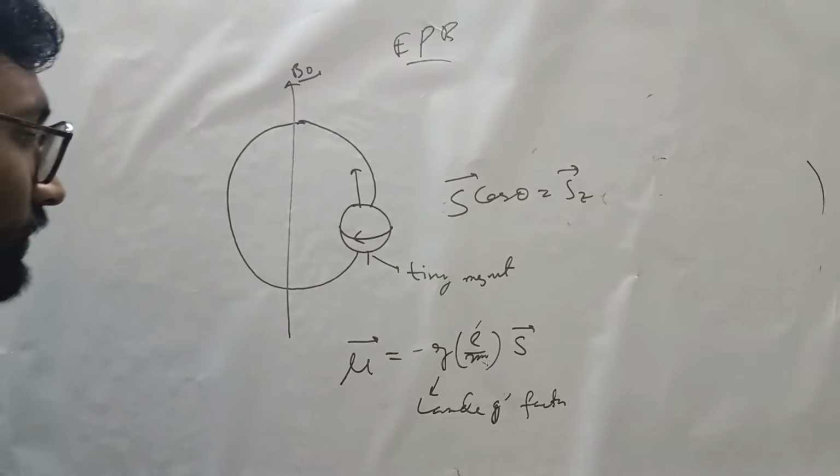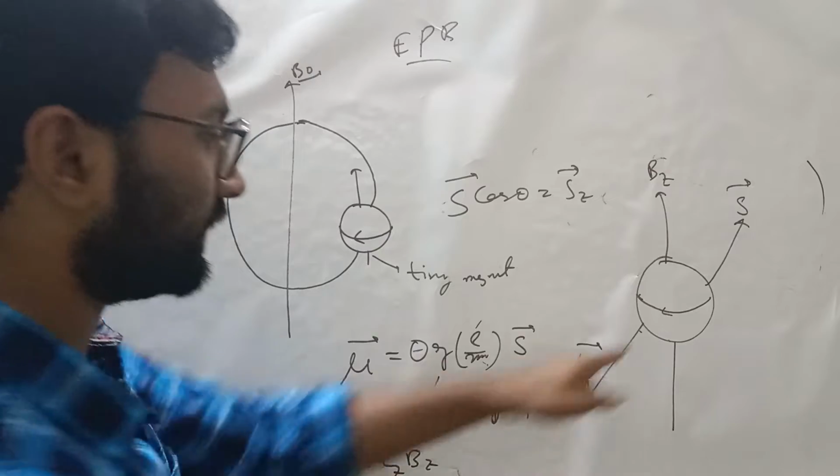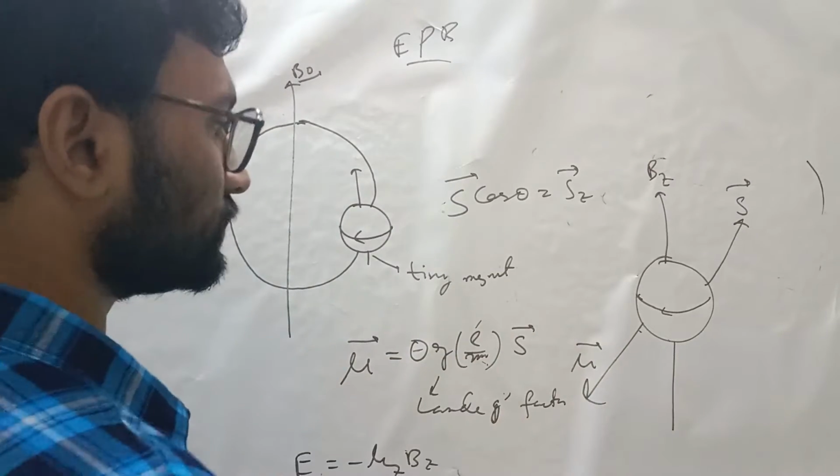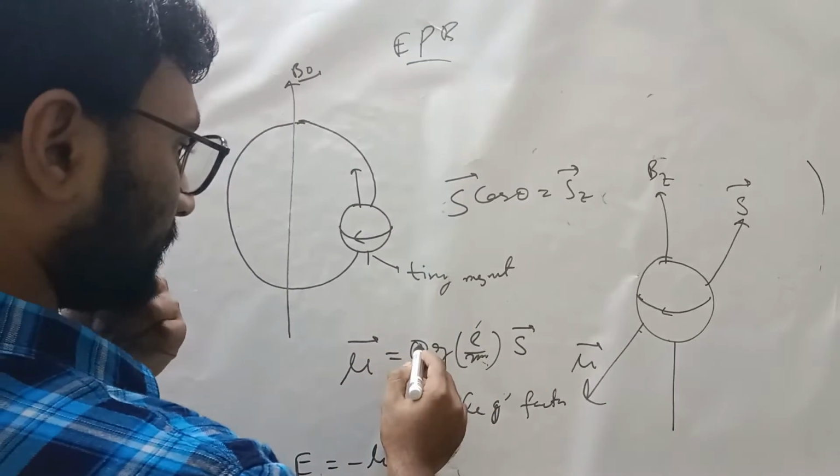The magnetic moment vector works opposite, so S and mu are opposite to each other. That's why we get the negative sign.